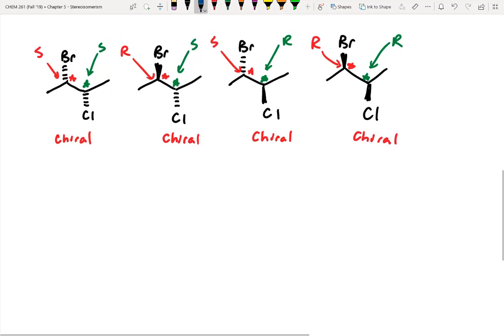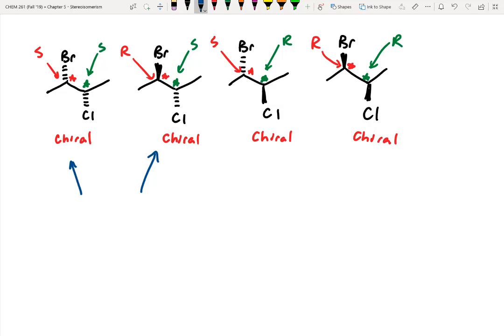Let's identify relationships. What's the relationship between these two? They're connected the same way, so I don't think they'd be constitutional isomers. Bromine's always coming off of carbon 2, chlorine's always coming off of carbon 3. It's a little bit tricky. Are they mirror images?